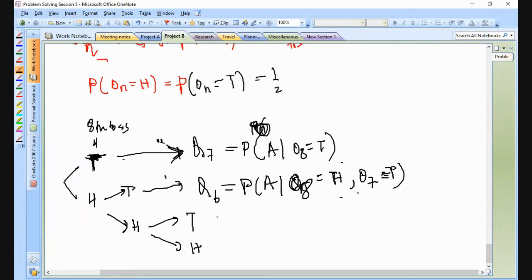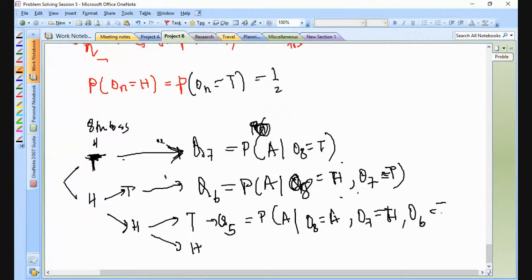If it's tails, then it's Q5, which is the probability of A given O8 heads, O7 heads, and O6 tails. If it's heads, this is not possible. This is probability 0.